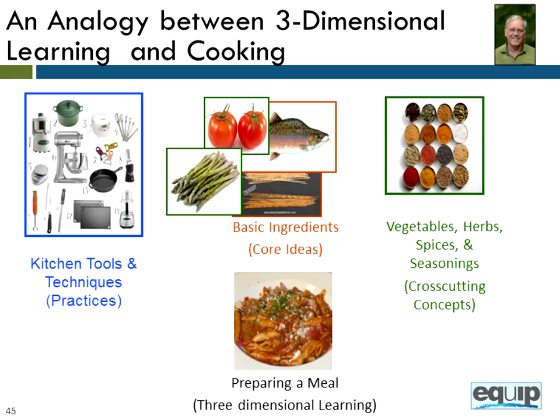So when I want to create a really good meal, I have to have practices, my kitchen techniques. I have to pick out the really good stuff, and I need these spices that cut across to get that good meal. The same thing is true in three-dimensional learning. Kids have to use practices, core ideas, and cross-cutting concepts together in order to be able to explain a phenomenon.